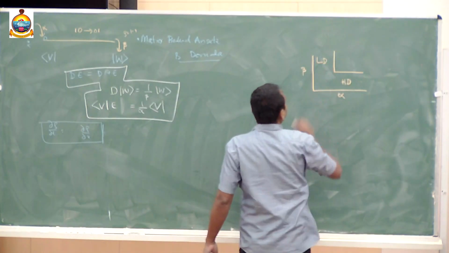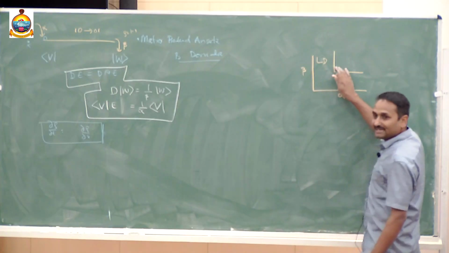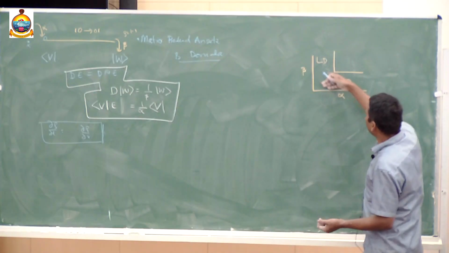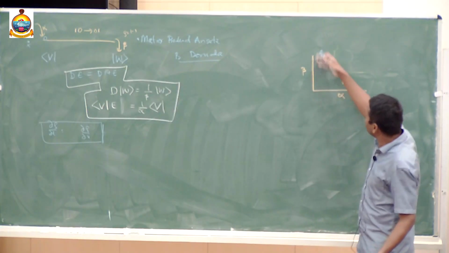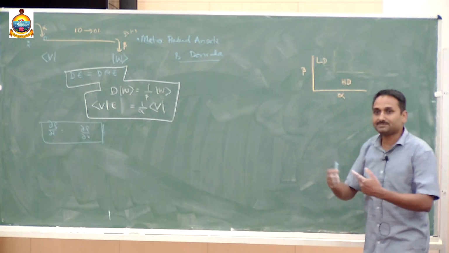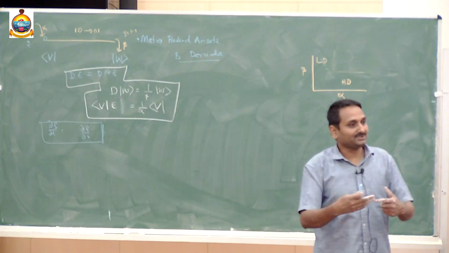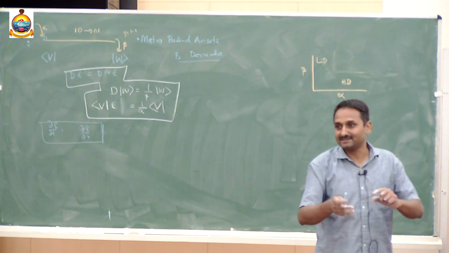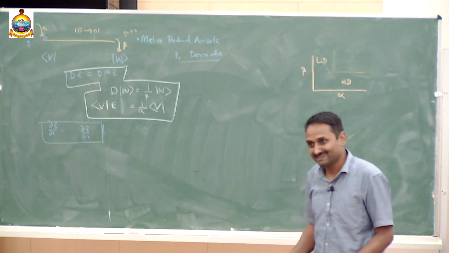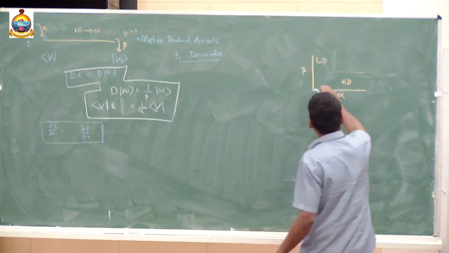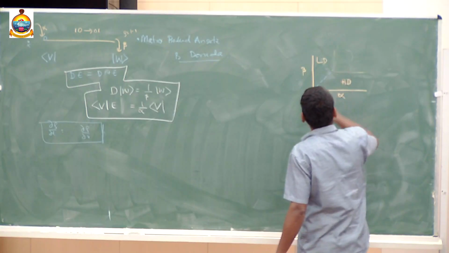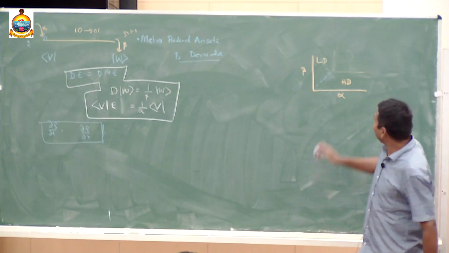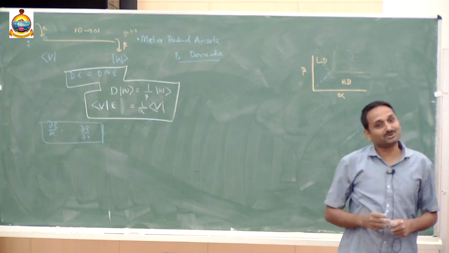And then there must be a phase between them, right? It cannot be just high density, low density. There must be a place where you go from this to the other. If you have two phases, there must be a phase boundary, so you have a phase boundary somewhere here. You could expect that this will continue, but that is not true.